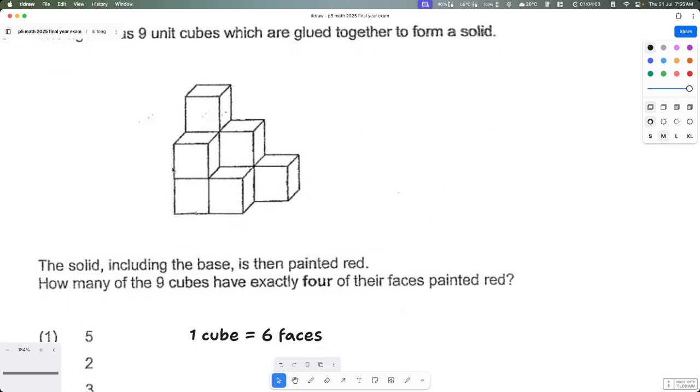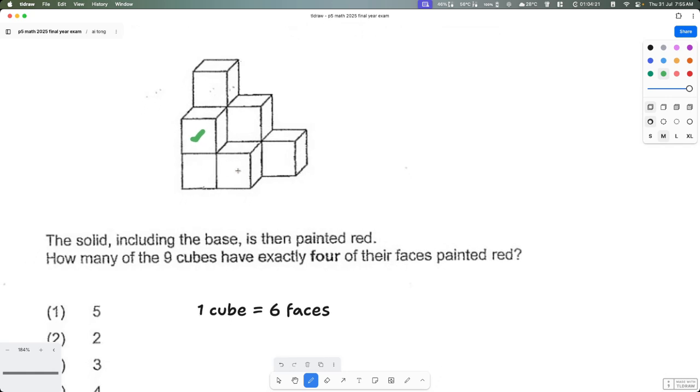Number 1 over here is shown, so we have a tick over here, because the back and the bottom are not shown, so this is 1. What about this one? This one, no. This one is 3 sides, right? 1 the top, 2 at the back, and 3 at the side. So in this case, this is a no.